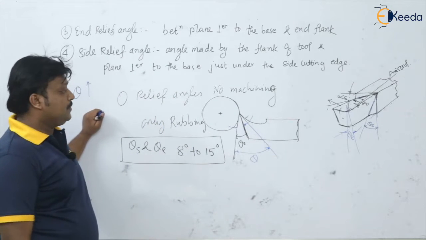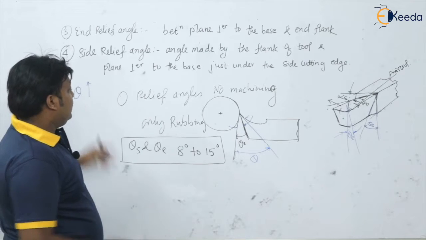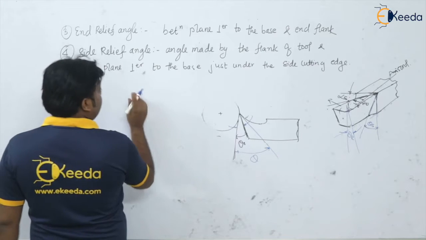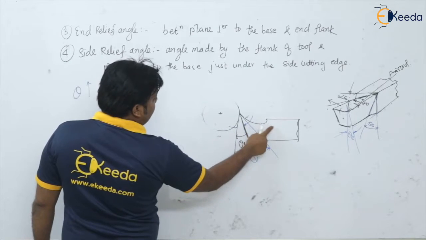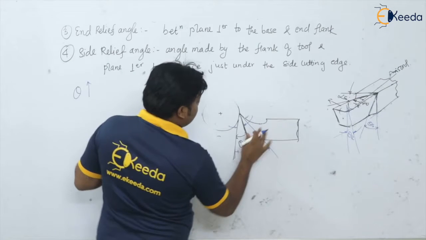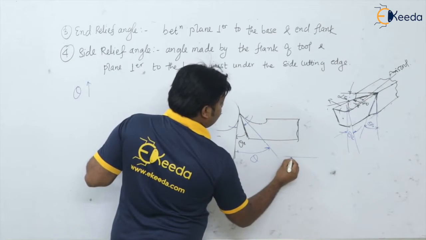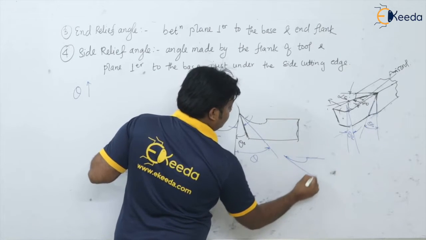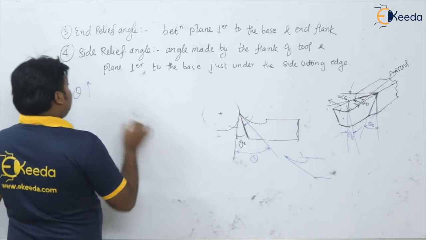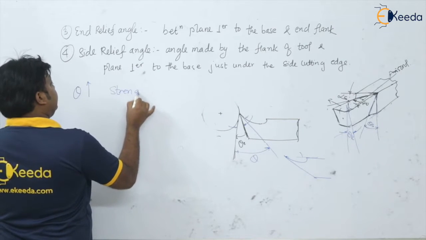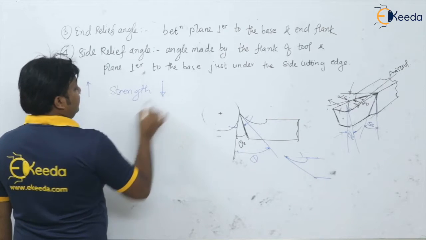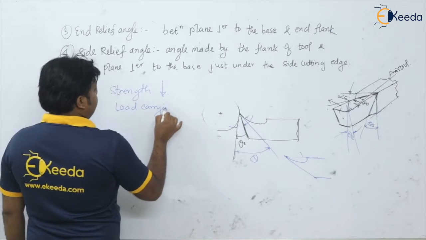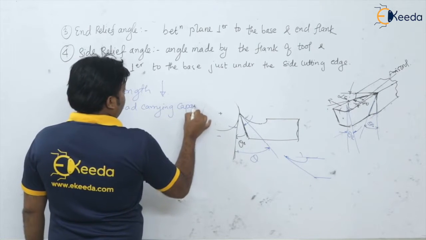So when this theta goes on increasing, looking at the tool, the strength of the tool will remain the same, increase, or decrease? Initially the tool is like this, now the tool is looking like this. So definitely the strength of the tool decreases. Strength of the tool goes on decreasing. Load carrying capacity also goes on decreasing.